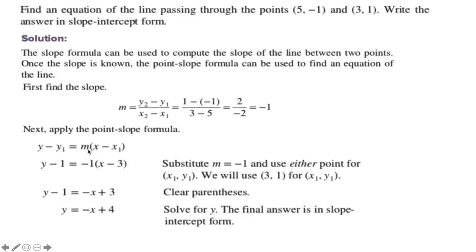So m is -1, and for x1, y1, I can pick any of these points. It doesn't matter which one. So let's pick this one. So y minus 1 is equal to -1 times x minus 3. And if I want to put this in slope-intercept form, again, I can clear the parentheses by multiplying this in, and then bring the -1 over to get the slope-intercept form.